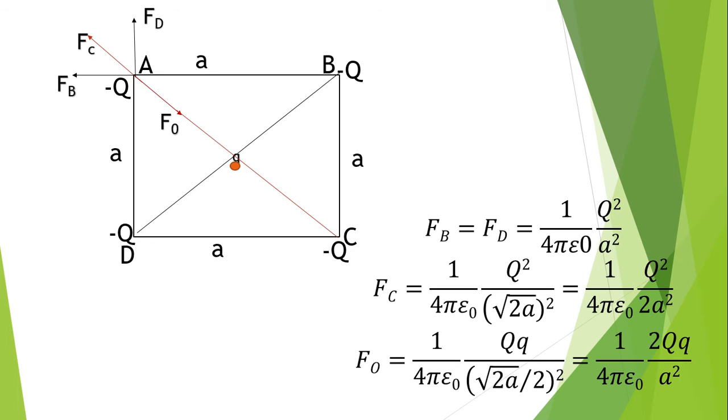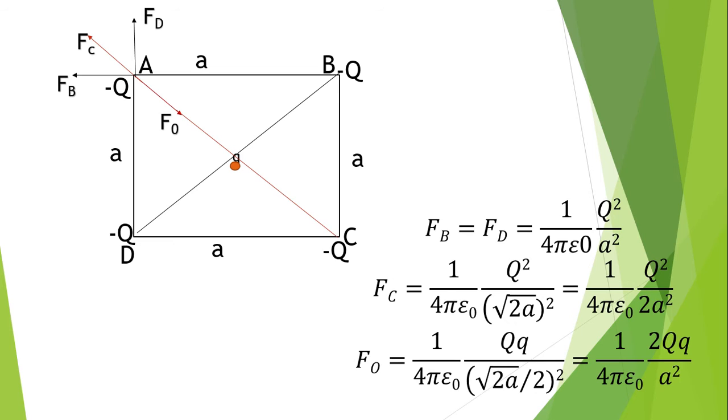So for the resultant force, the component of Fd along the direction of Fc and the component of Fb along the direction of Fc together are equal to F0, because F0 and the resultant force along the direction of Fc are equal and opposite in direction. So the resultant force on charge minus Q at point A is 0. So the system is said to be in equilibrium.